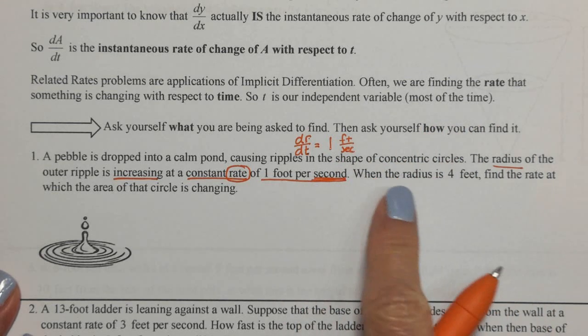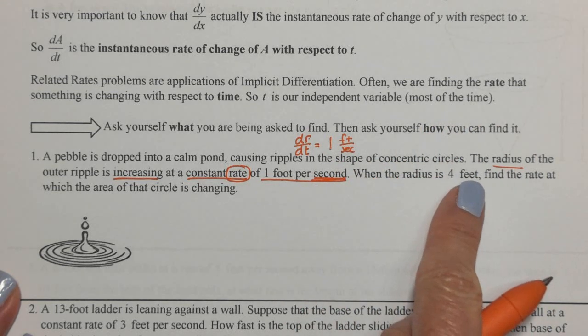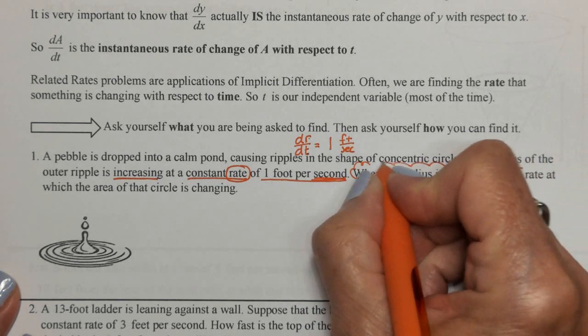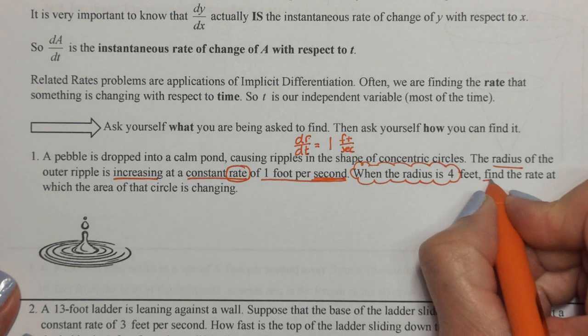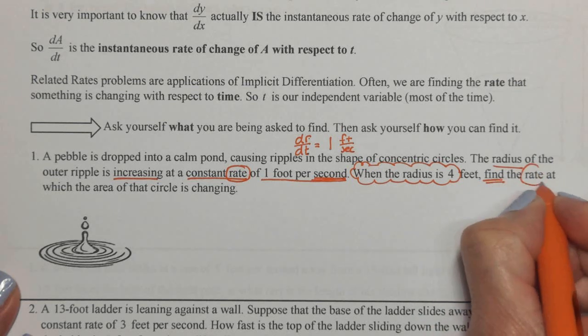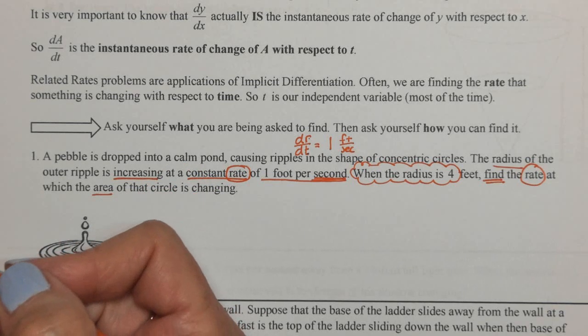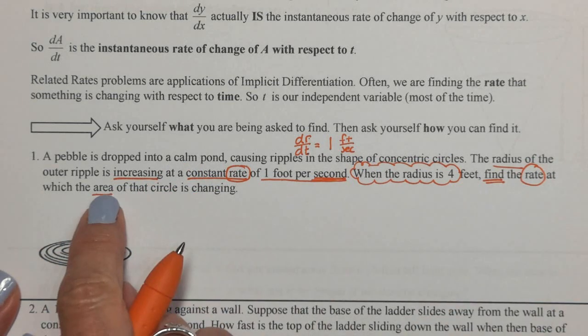All right? When the radius is 4 feet, find the rate at which the area of that circle is changing. So what are we trying to find? The rate that the area is changing.